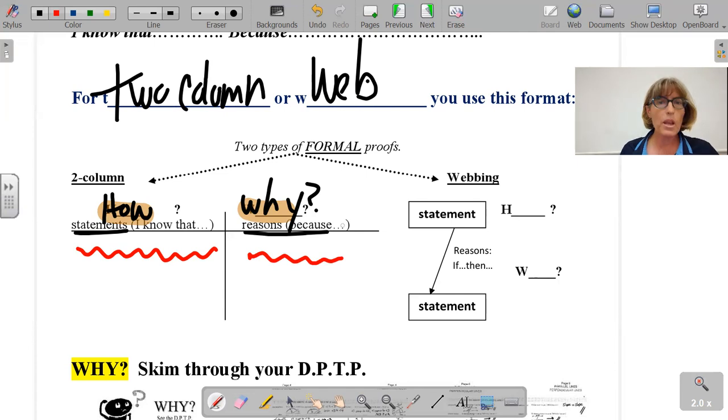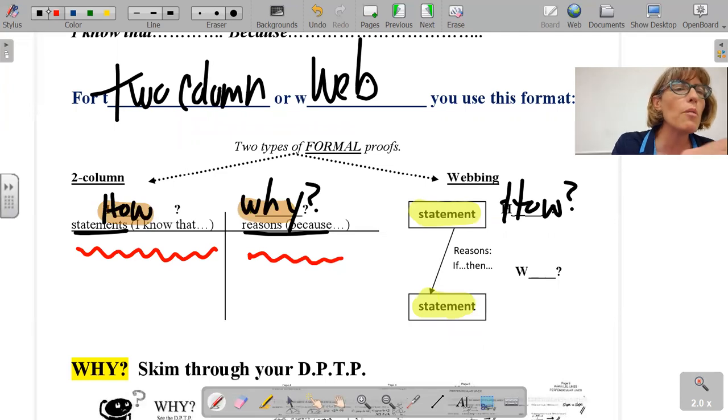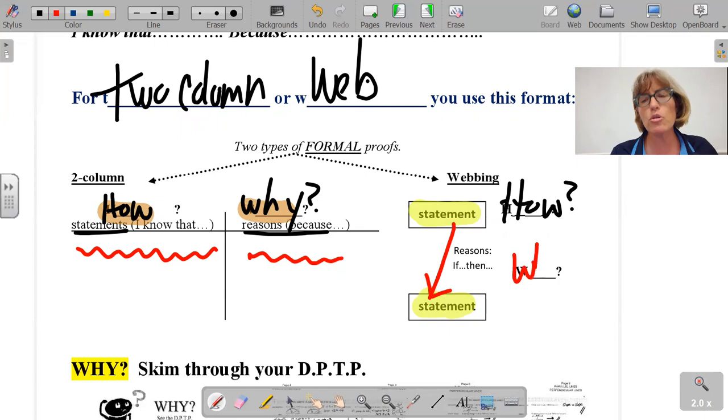That's a 2-column. In webbing, which is something new to you, the hows go in boxes that are connected by the web, and the web, the connection between one versus the other, that's where your why goes. This won't make any sense for the moment until we do a couple.